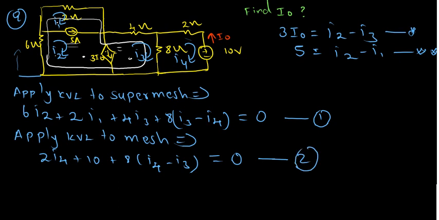When you solve these 4 equations, we find I1 is equal to minus 2.5 amps.